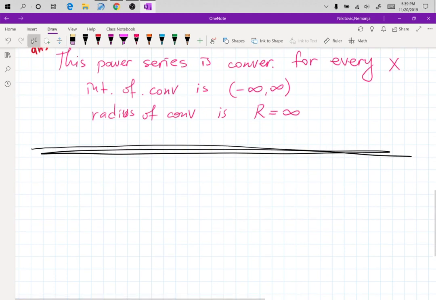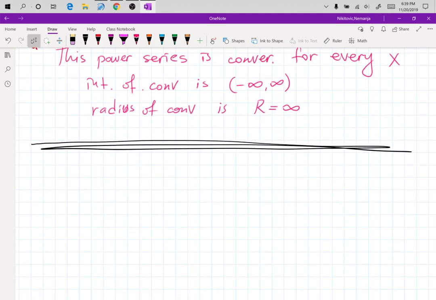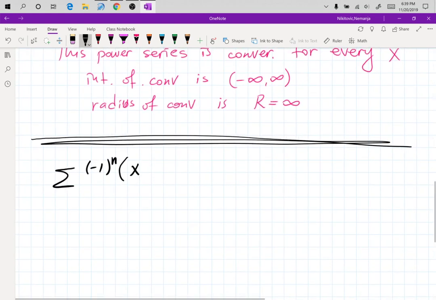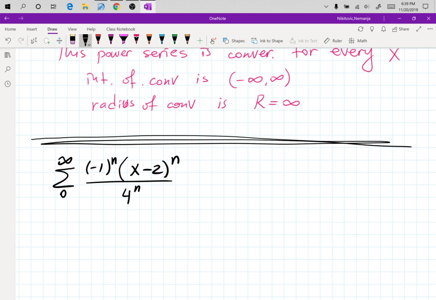Next example is my favorite out of three. Summation of -1 to the n, x minus 2 to the n divided by 4 to the n, from 0 to infinity.